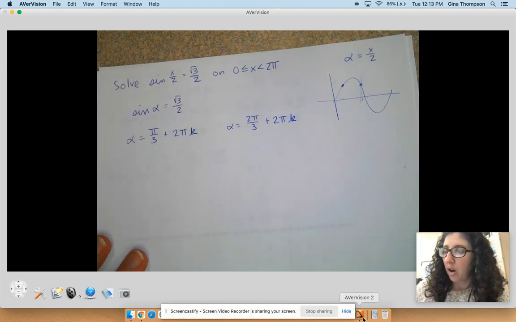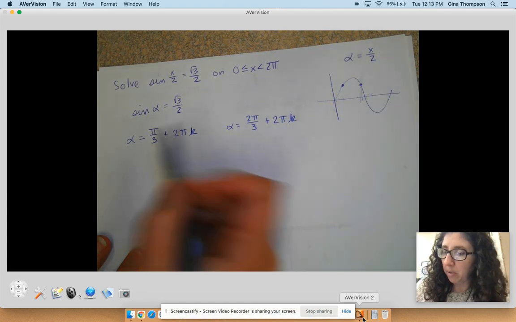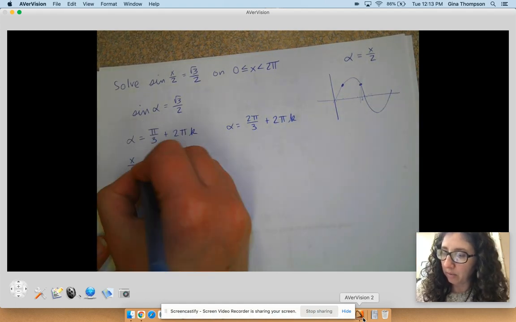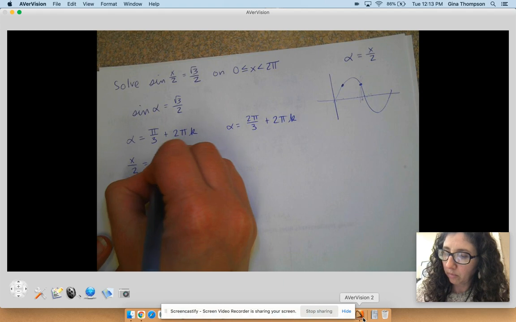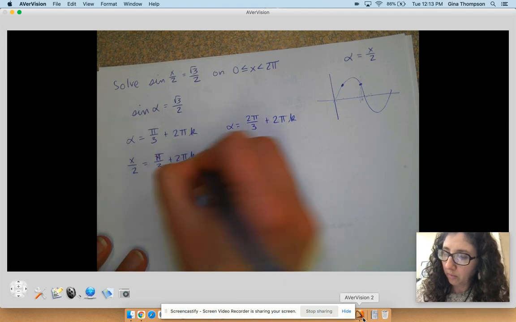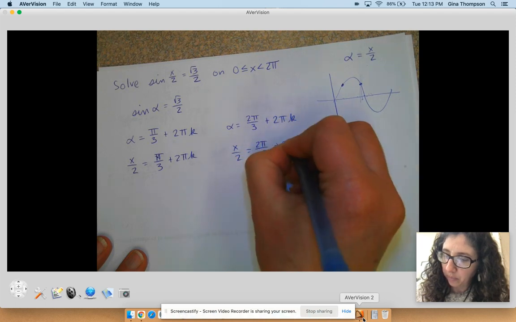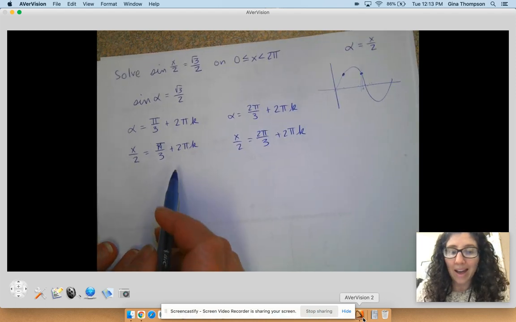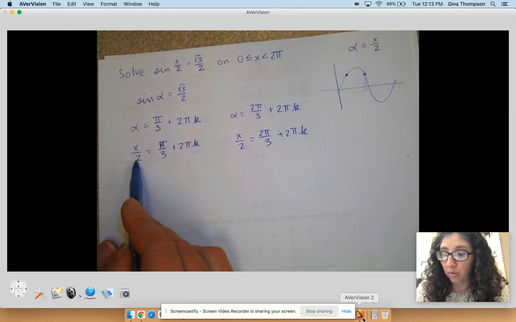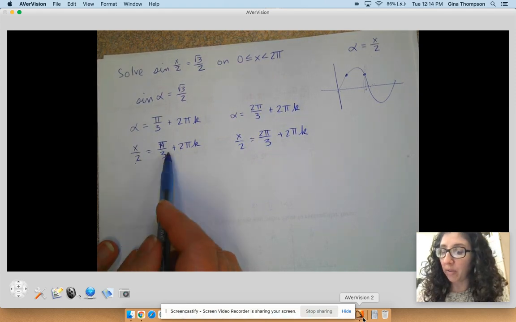All right, time to face reality, and I'm going to plug x over 2 back in for alpha. And now I will multiply by 2. I'm going to solve for x, right? So I'll multiply all of these terms by 2.